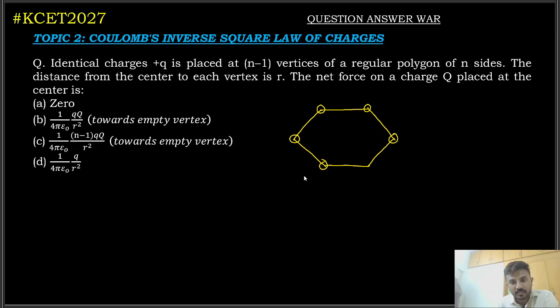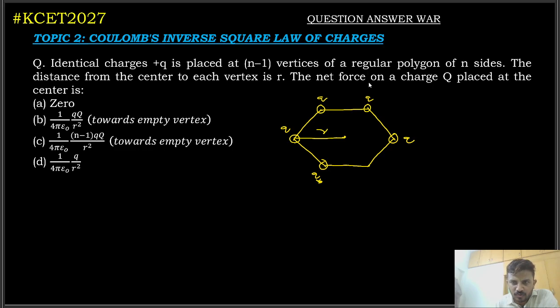At 5 places or vertices, charges are placed. Q, Q, Q, Q. The distance of the center from the vertex is R. Let's consider from here to here, distance is R.